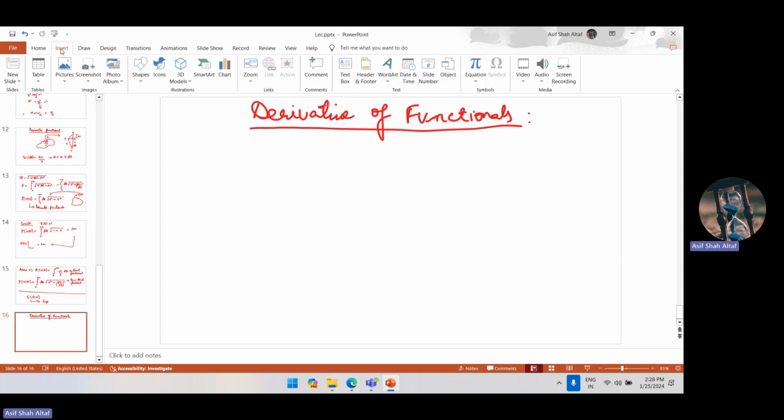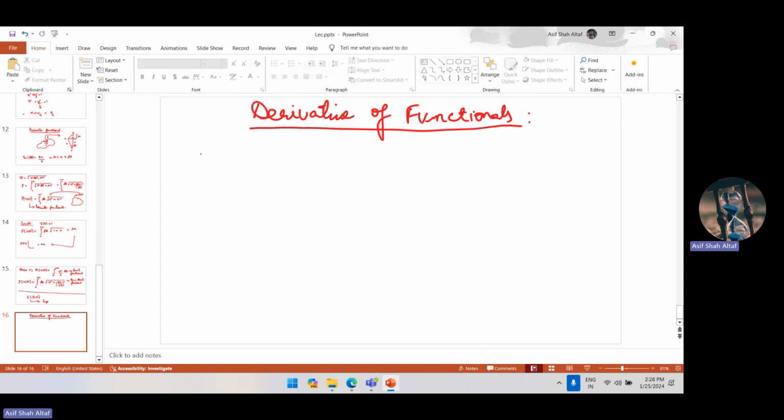Initially, we will start from a basic functional. Say, let's take the simplest case, which is the area functional. Let's see how we can differentiate it.